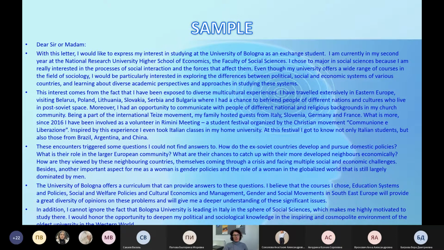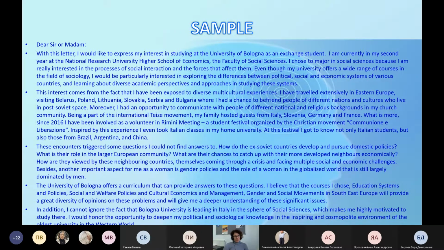Okay, so this is to give you an example of how it looks when it's all connected, when the whole letter is structured, uses clichés, and at the same time has this personal touch and is memorable because it shows a person who stands out, who's different.